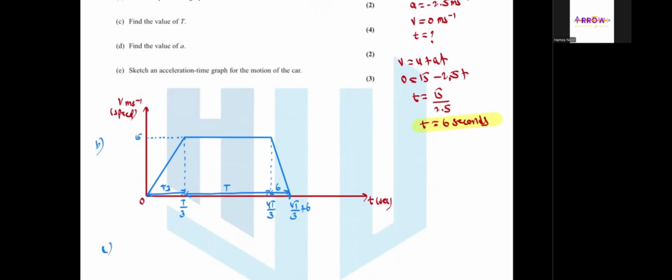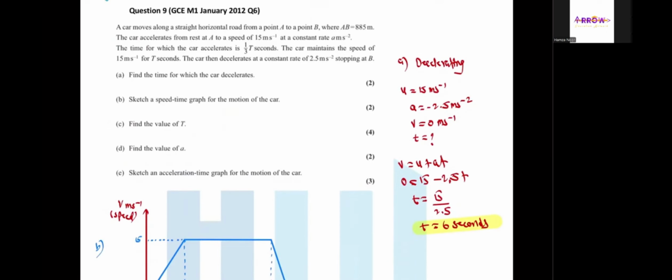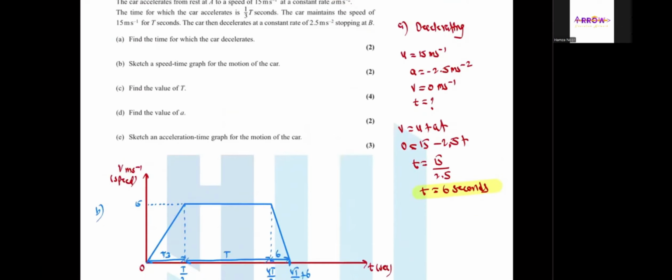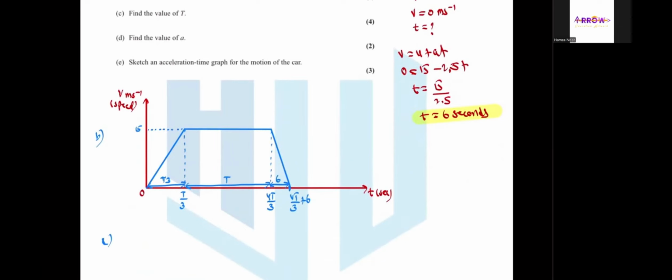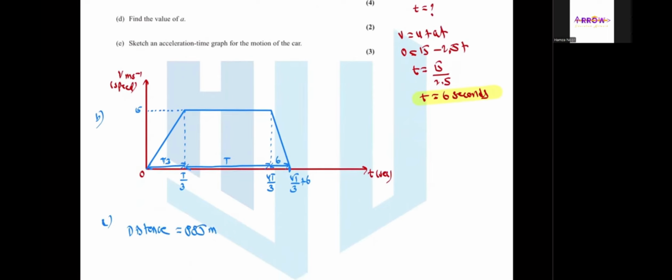Okay, so find the value of t. Since the complete journey has a total distance of 885 meters, the area of the trapezium is 885. So 885 will be equal to half multiplied by height multiplied by the sum of parallel sides.